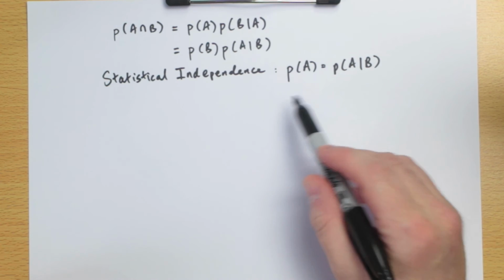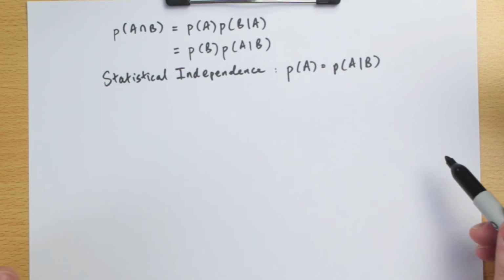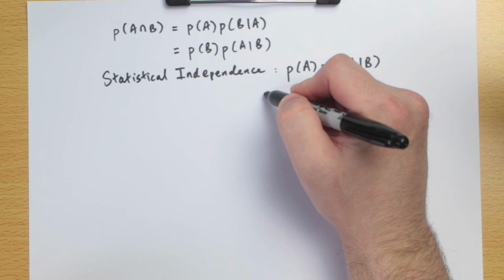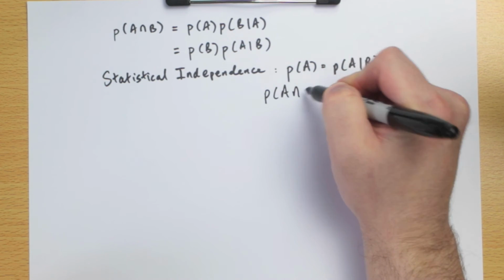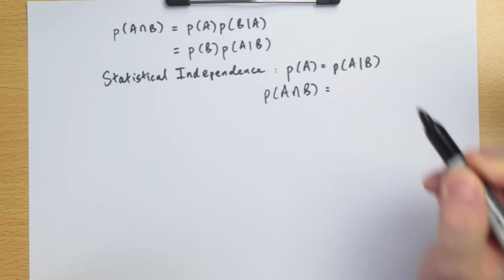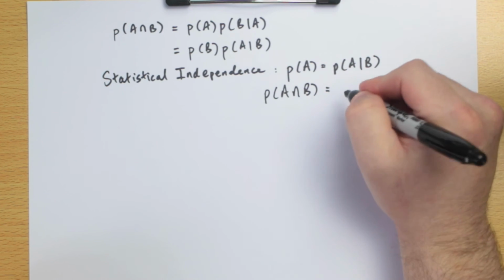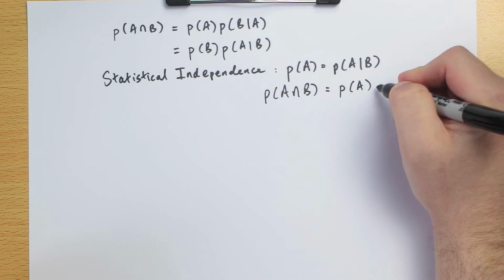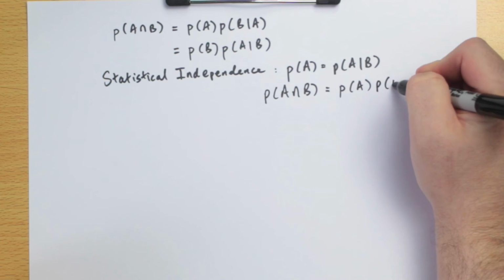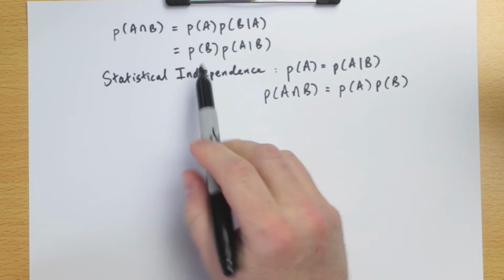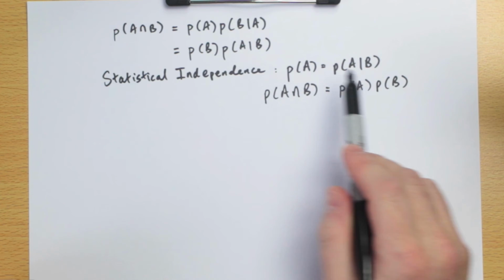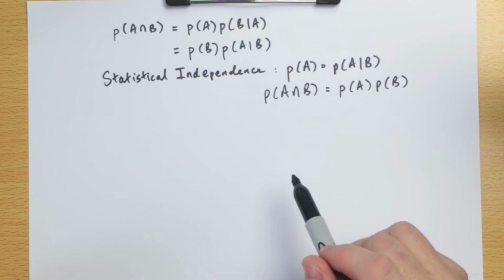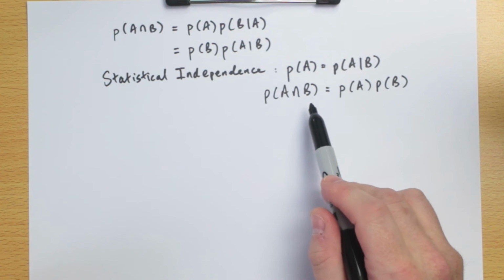So we would say events A and B are statistically independent if this equation is true, in which case we get the nice expression that the probability of A and B, if two events are statistically independent, I just multiply their probabilities, P(A) multiplied by P(B). So it would be P(B) multiplied by P(A given B), which is the same as P(A). Okay, so this is where you get that.